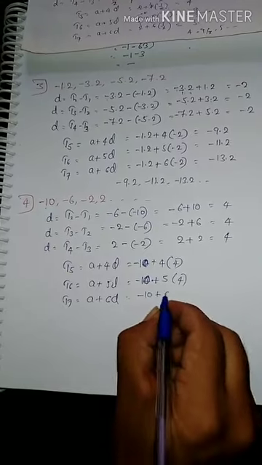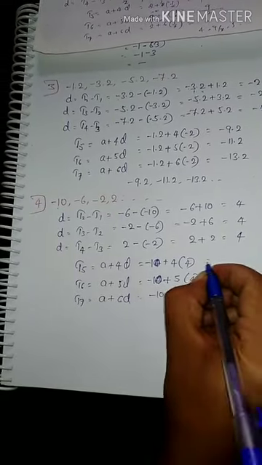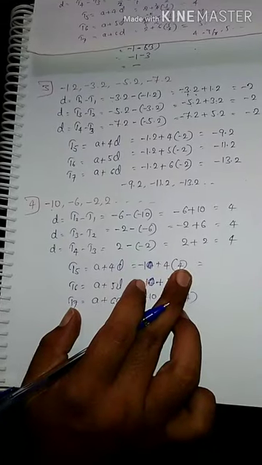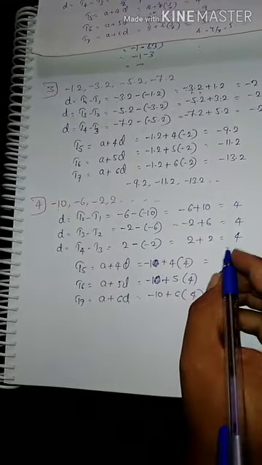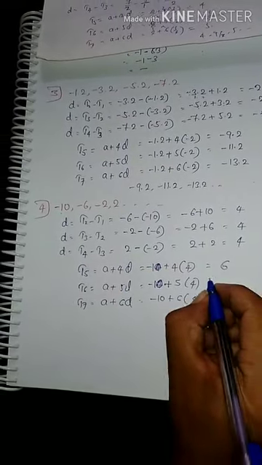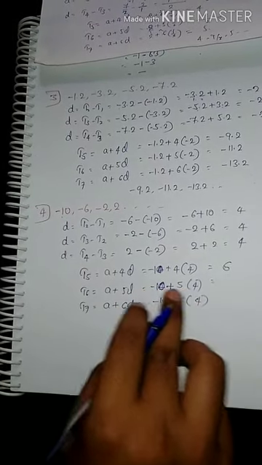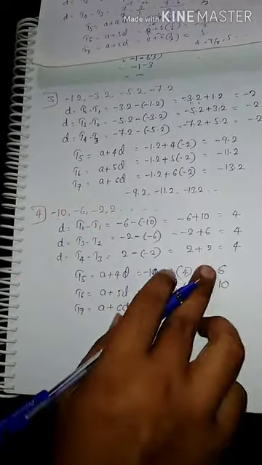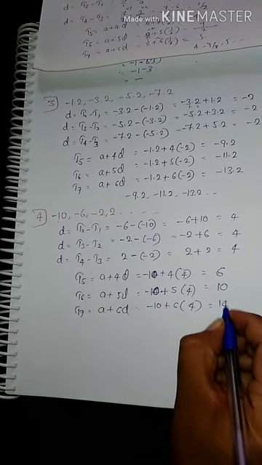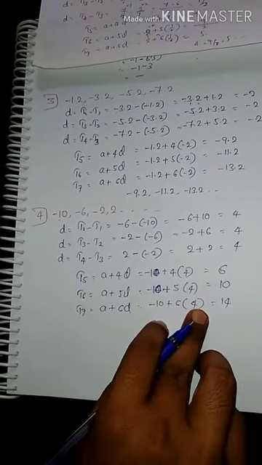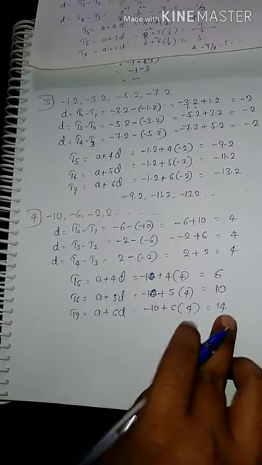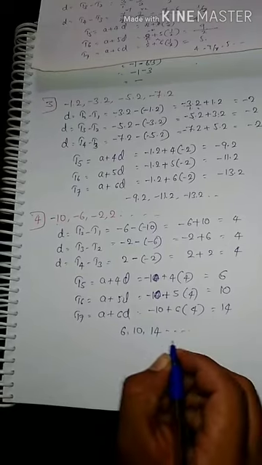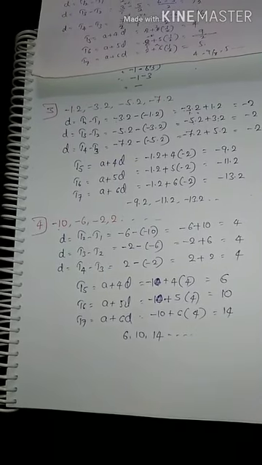Minus 10 plus 6 into 4 is minus 10 plus 24, which is 14. Therefore 6, 10, 14 are the next three terms of the arithmetic progression.